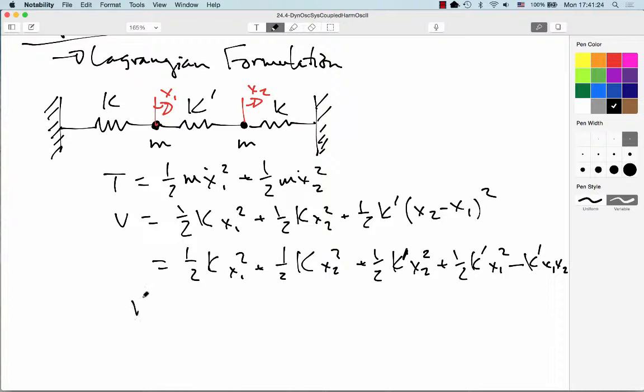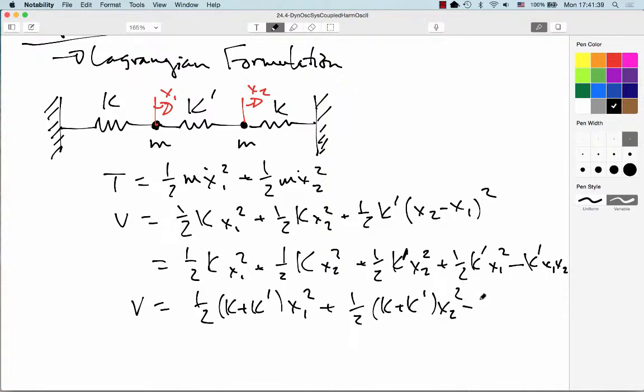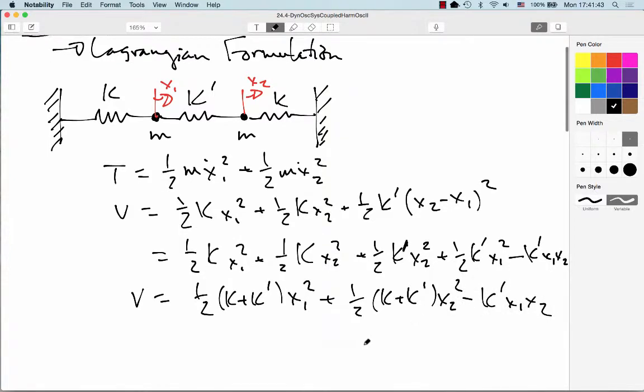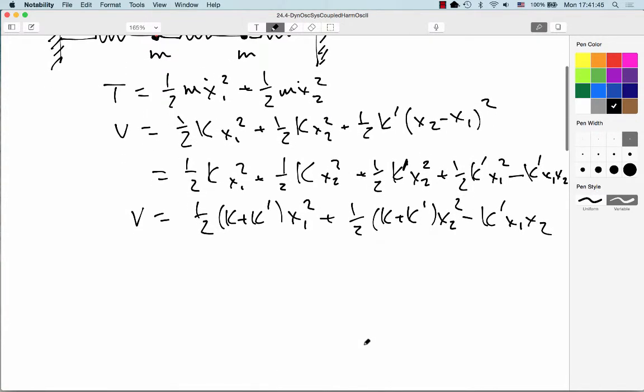So we can rewrite the potential energy as 1/2, grouping matching terms, (k plus k prime) x1 squared plus 1/2 (k plus k prime) x2 squared minus k prime x1 x2. Alright, so now we can go ahead and write this in matrix form.